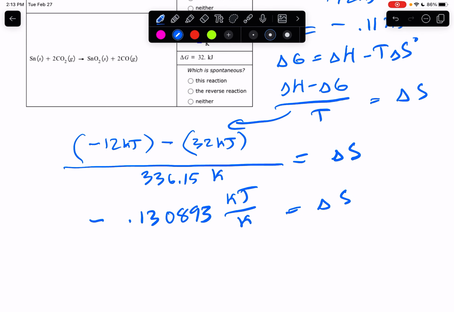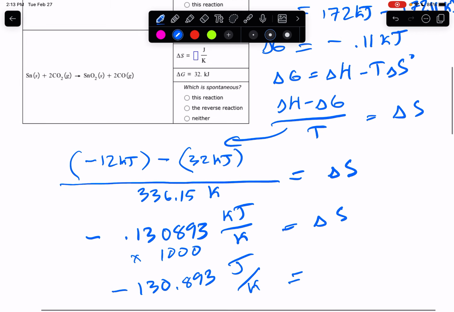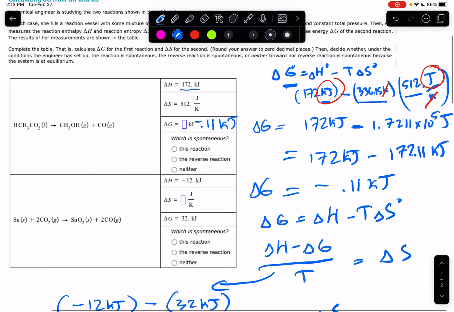So I'm going to essentially know that a kilojoule is equal to 1,000 joules. So we're going to multiply this number by 1,000 and we're going to end up with negative 130.893 joules per Kelvin.